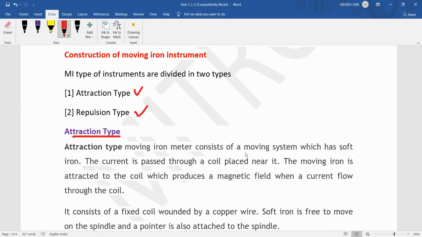It consists of a moving system which has soft iron.